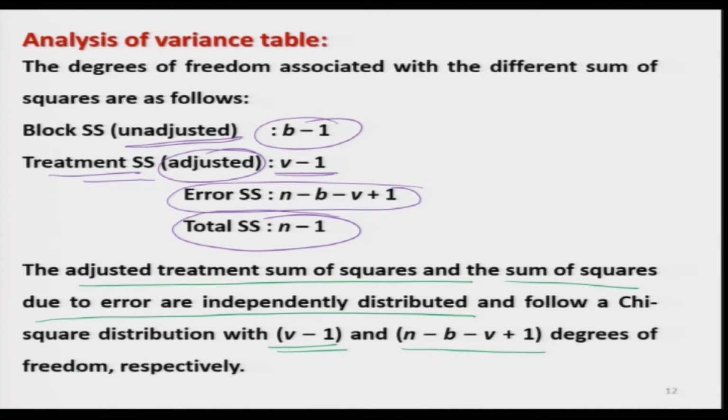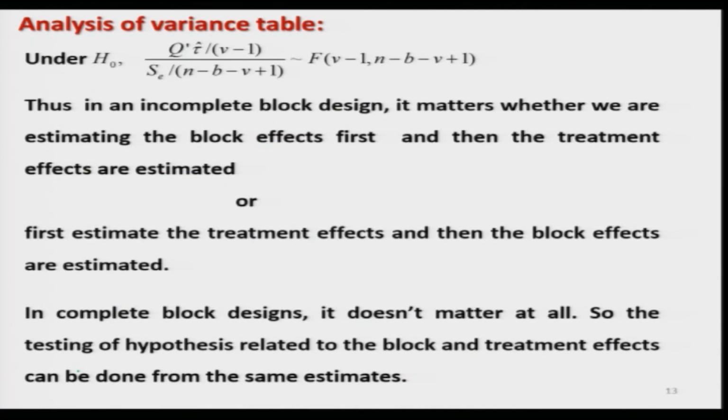So, now you can recall that once you have two independently distributed chi-square random variables, you can use the properties of F distribution, and you can define the F statistic like this: under H naught, Q transpose tau hat, which is the adjusted treatment sum of squares divided by the degrees of freedom v minus 1, upon SSE divided by its degrees of freedom, will follow a central F distribution with v minus 1 and n minus b minus v plus 1 degrees of freedom.